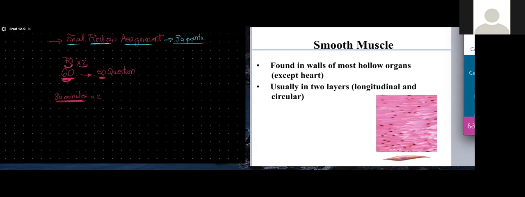If I take anything more than 30 minutes, I will still double the time that I will be taking. So if I take less than 30 minutes, it's going to be 60 minutes, double the time. If I take more than 30 minutes, you're going to have double the time I will be taking to complete the test.